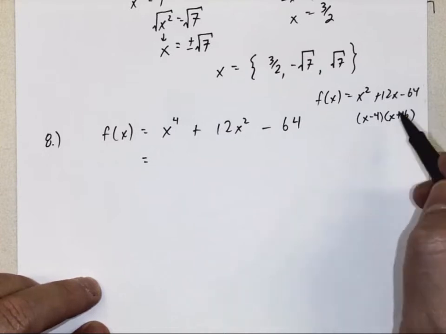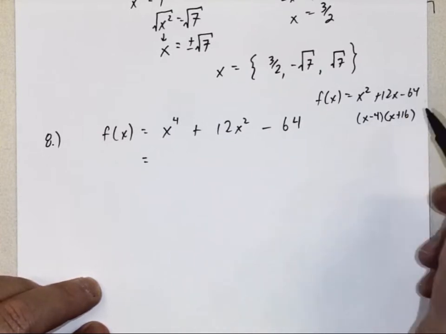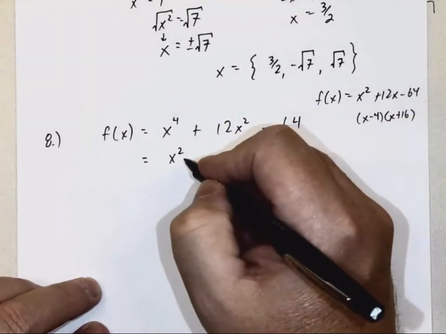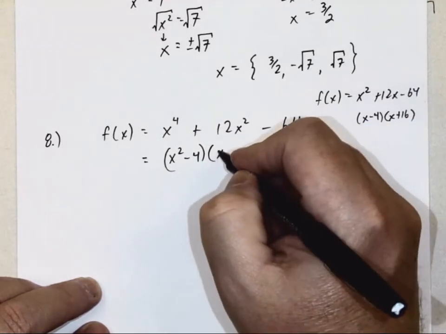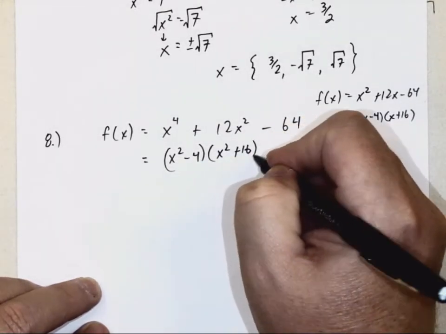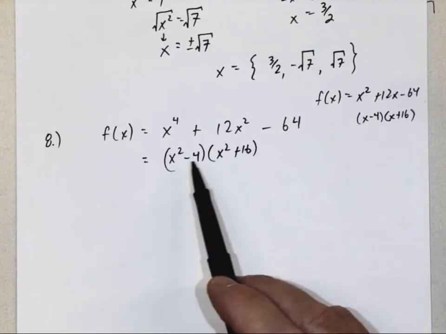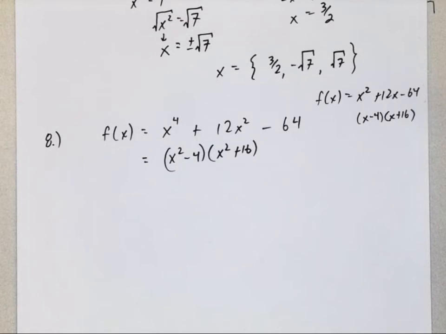My factors are going to be the same, except instead of x minus 4 and x plus 16, I'll simply have x squared minus 4 and x squared plus 16. In other words, instead of the variable x, I have x squared. If you multiply these two parentheses out, you'll get this expression.